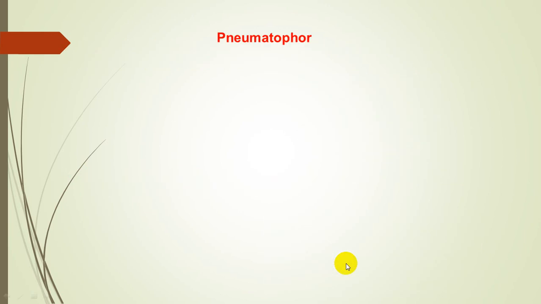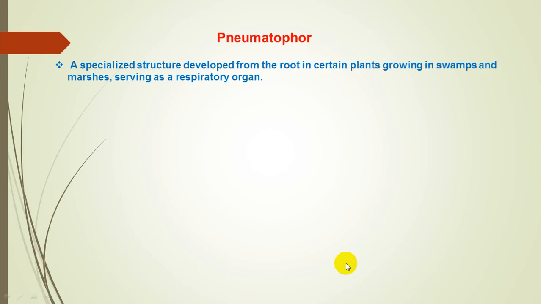We are going to discuss a special type of root that is called pneumatophore. We already discussed this shortly among the adventitious root types for the purpose of getting oxygen and better respiration.